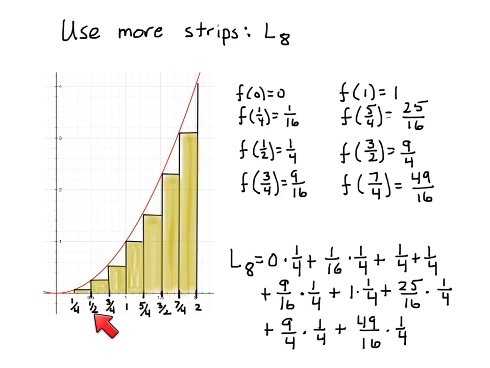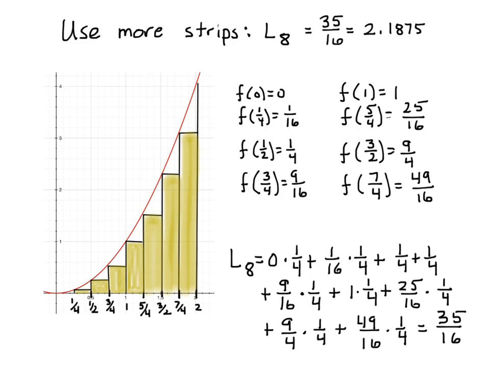No, I guess I skipped over when I was describing it. The first one is going to be 1/4 high, so that's going to be 1/16 high. The second one is going to be 1/4 high. Third one's going to be 9/16 high. And so when I add all these things up, I get 35/16, and so 35/16 is 2.1875.